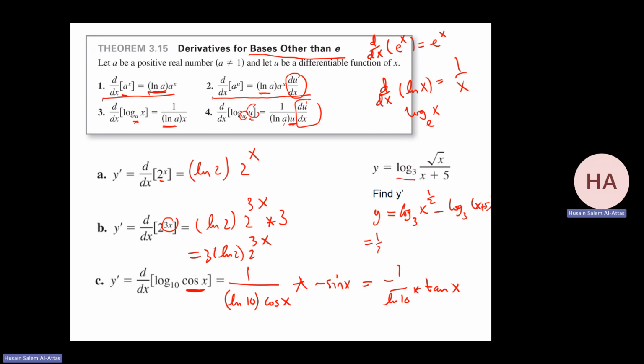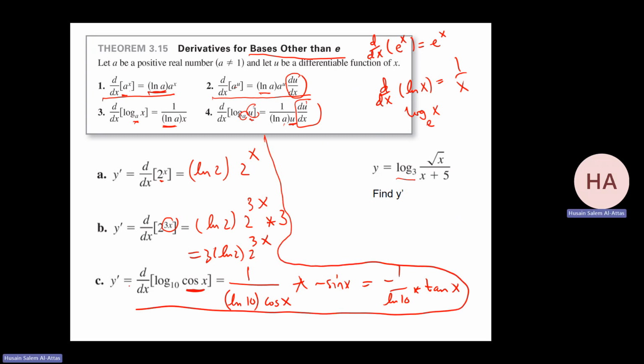So y will be half log x with the base 3 minus log of x plus 5 to the base 3.